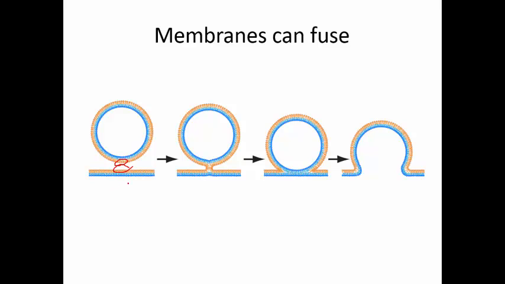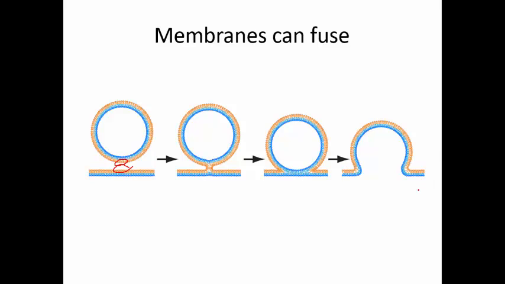But if you can get them close enough, then they don't want to be bumping up against each other. So instead what will happen is the inner parts will start to join together so that we don't have these negative things bumping up against each other. And eventually you will get just sort of an insertion of that guy. So this will break, this will break, kind of just insert it in.